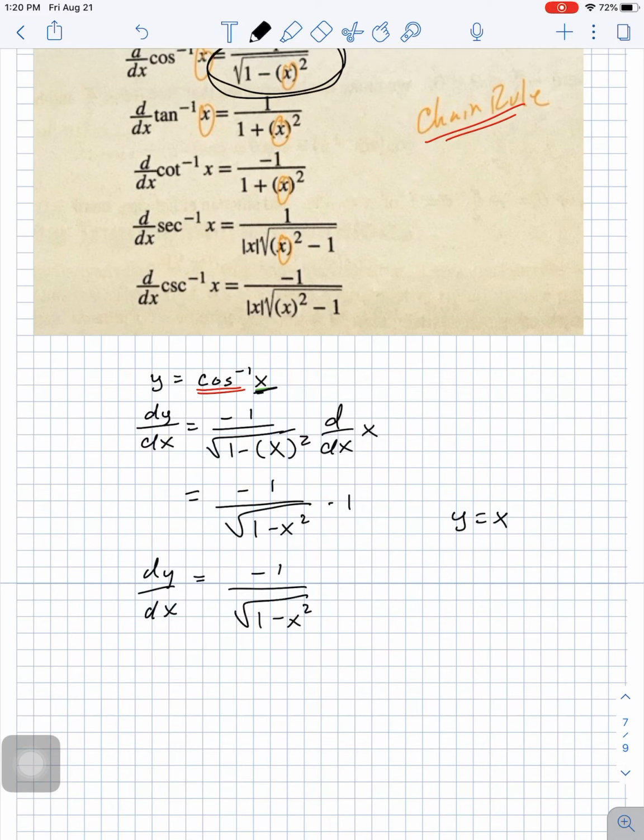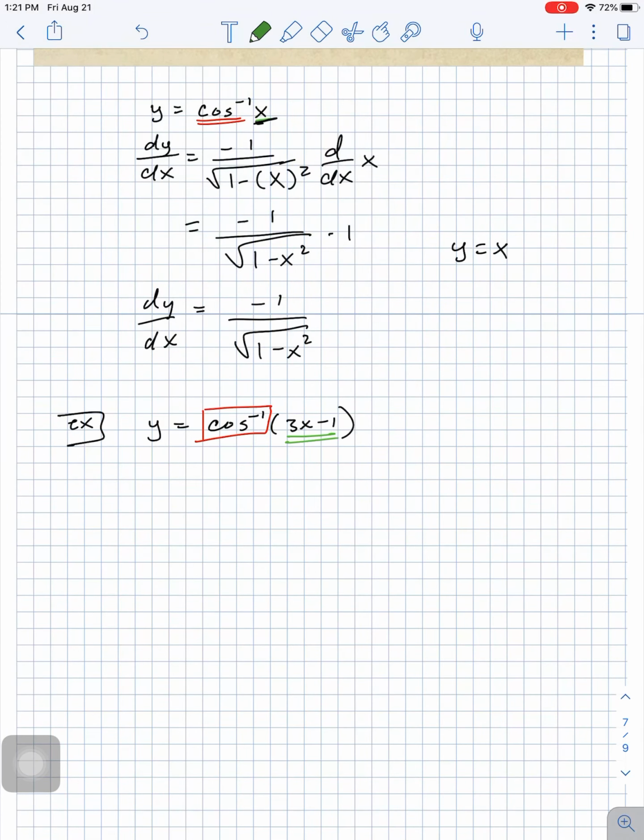Well, chain rule again. The outside function is your cosine inverse. Your inside function is the 3x minus 1. And so I'm going to say the derivative is the derivative of the outside function. All right, that's going to be my formula.